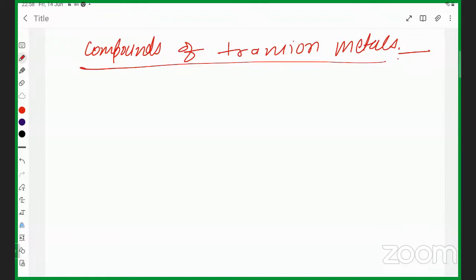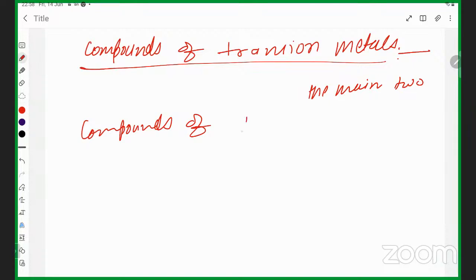What are the main 2 compounds of transition metals?